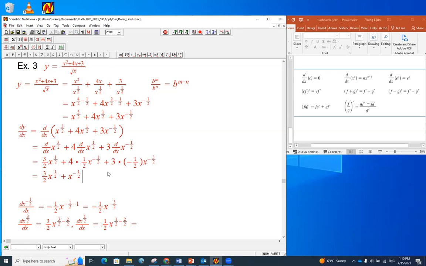And the last piece, you're going to have a negative 3/2 and x raised to the power of negative 3/2. And the derivative is found.